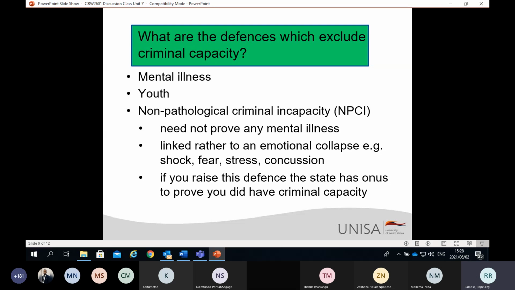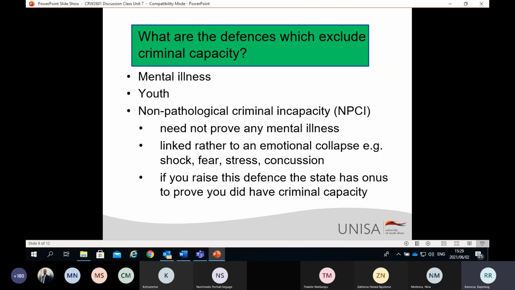But when we speak of instances of non-pathological criminal incapacity, we're speaking of instances where X does not suffer from a mental illness, but for a relatively short period of time, when he or she committed the act, he or she did not have the ability to appreciate the wrongfulness of their act or omission, or the ability to act in accordance with an appreciation of wrongfulness, either as a result of factors like emotional collapse, intoxication, provocation, fear, shock, anything that can affect those two legs that is not related to mental illness.